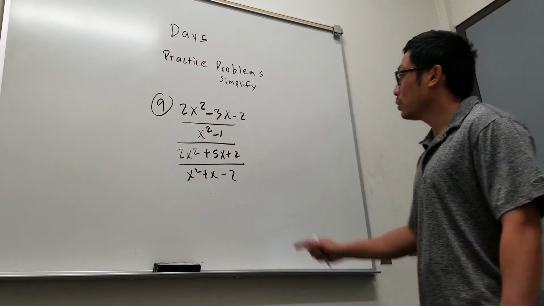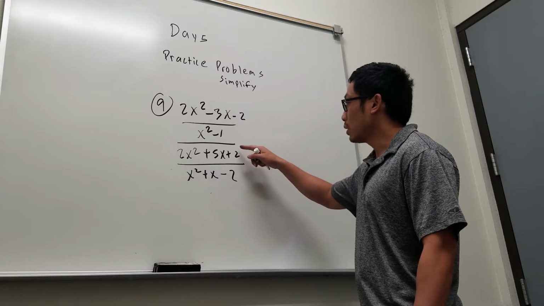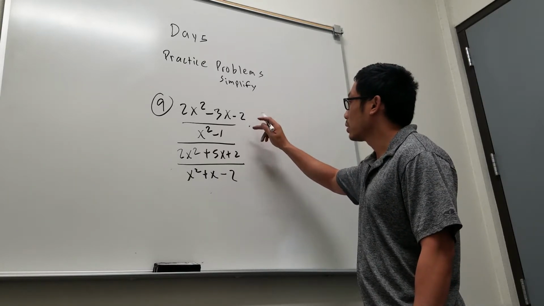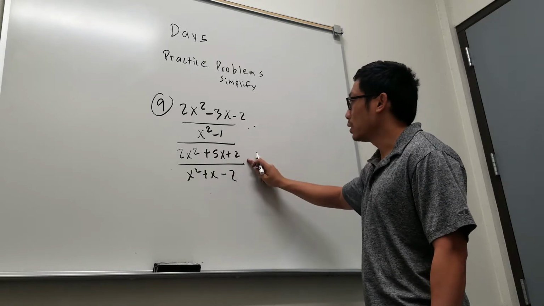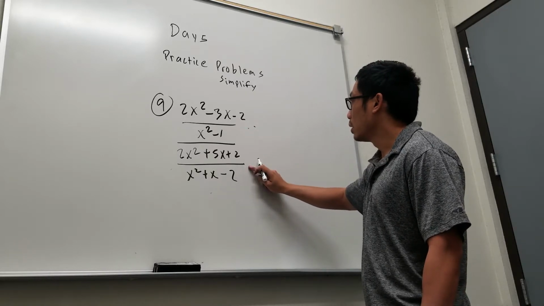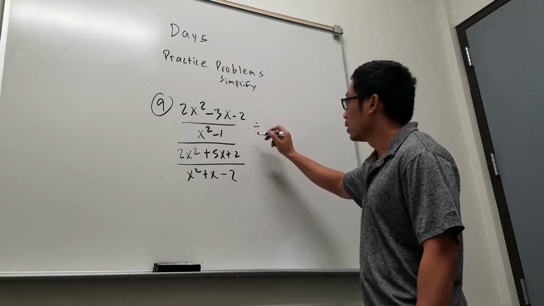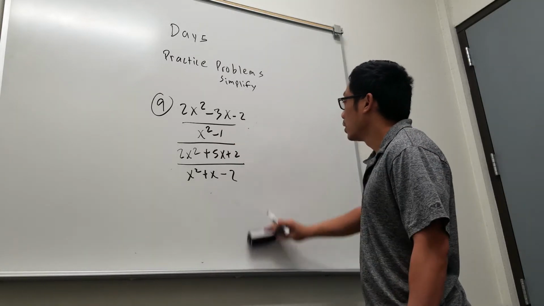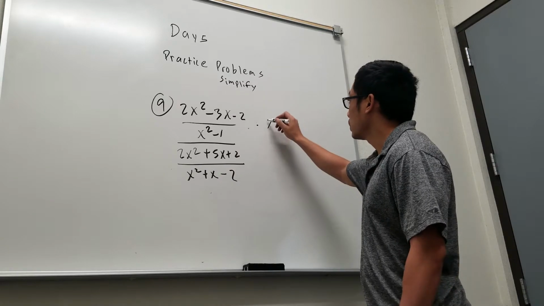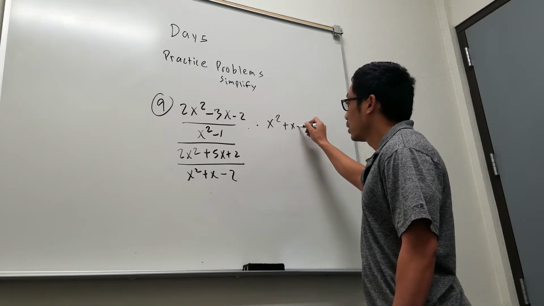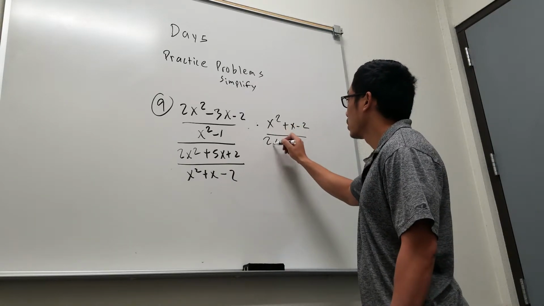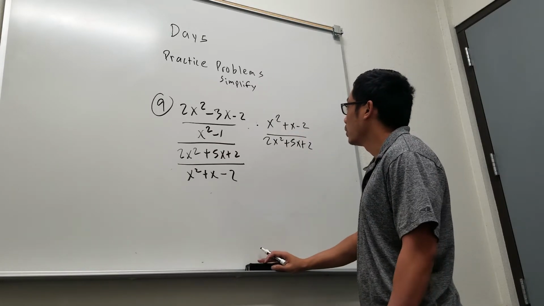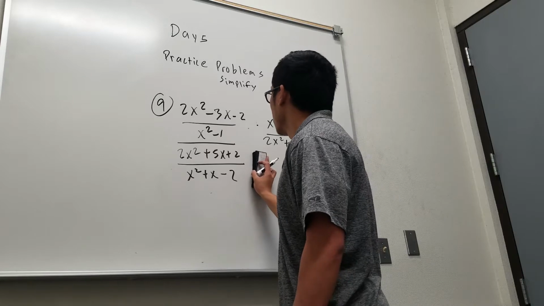So, what can I do here? See this right here? This is actually meaning division. I'm going to say this is multiplication, but in this case, I have to flip this, so this is really division. If I wanted to multiply, I have to take the reciprocal of that, right? So it's 2x squared plus 5x plus 2.